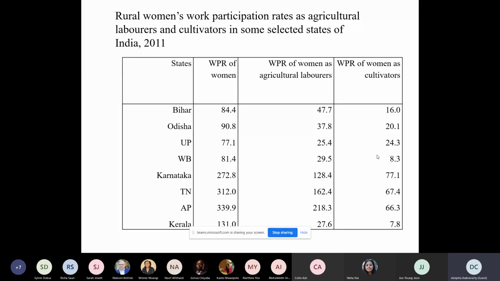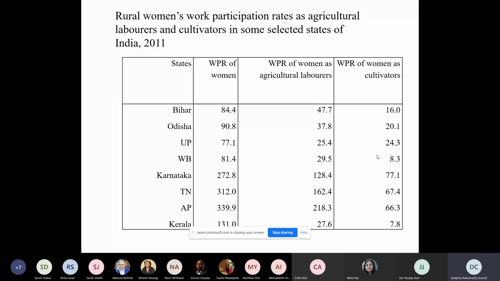So then what happens if that is not sufficient? Usually the man of the household goes out to do agricultural labor work, and the woman takes care of the family farm. But even though, because her work is again very closely related to the household chores, she will not be reported as a worker.